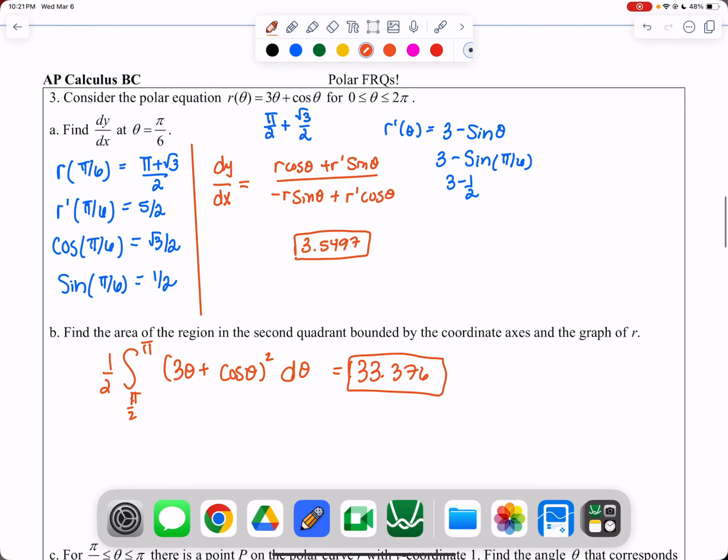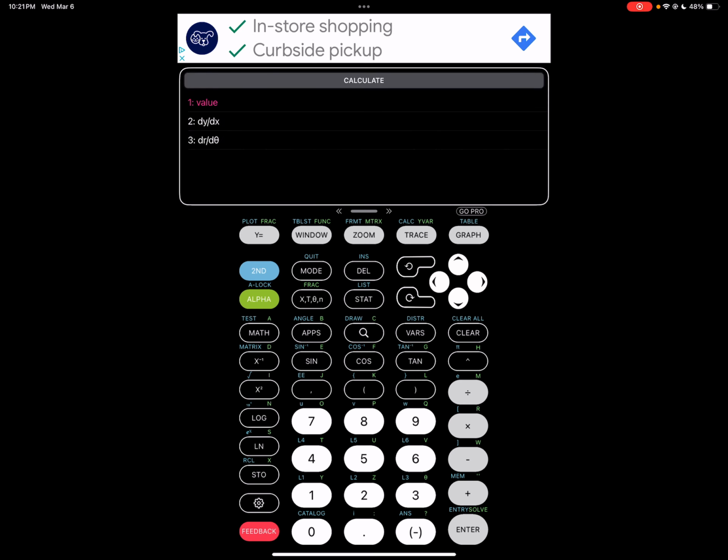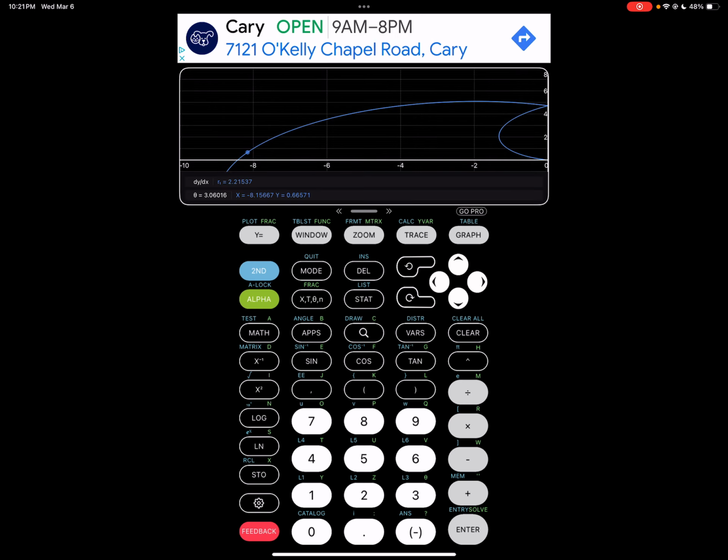Also, a little tip here for part A. To find dy dx at theta is equal to pi over 6, what I can also do here is use second calc and click on dy dx, find dy dx at pi over 6.